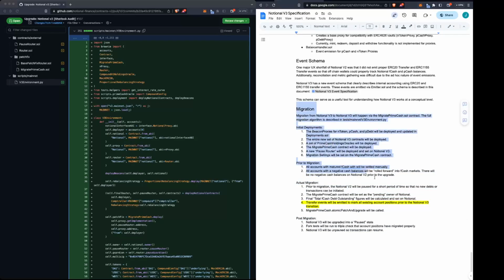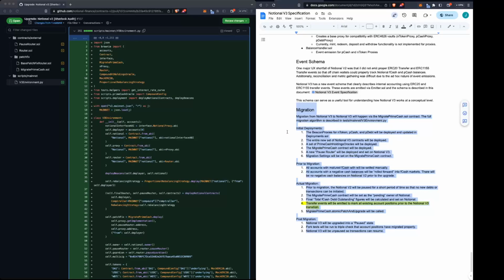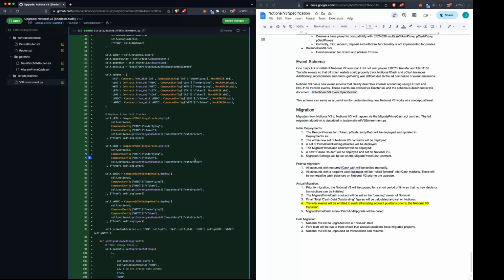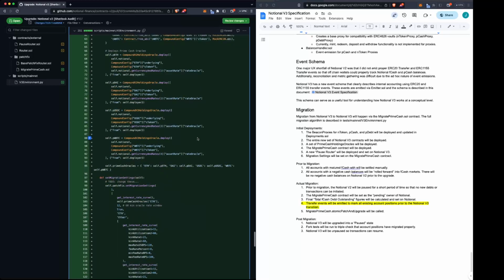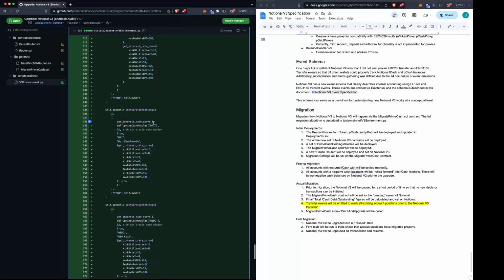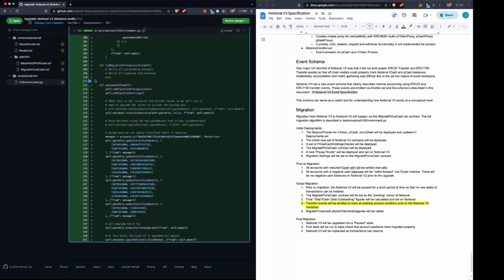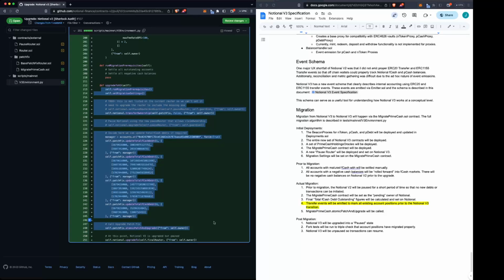Again, as an auditor, I think it's good to review this and think, hey, can this be done better or more secure, algorithmically? And you can take a look at what is right now an example test script of how we might actually run this upgrade.